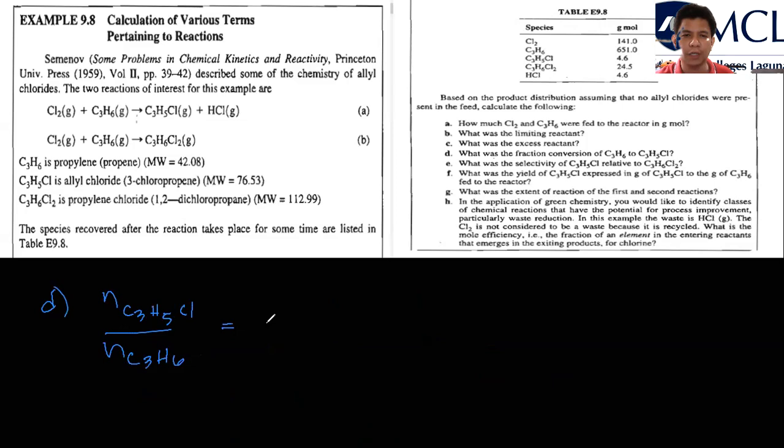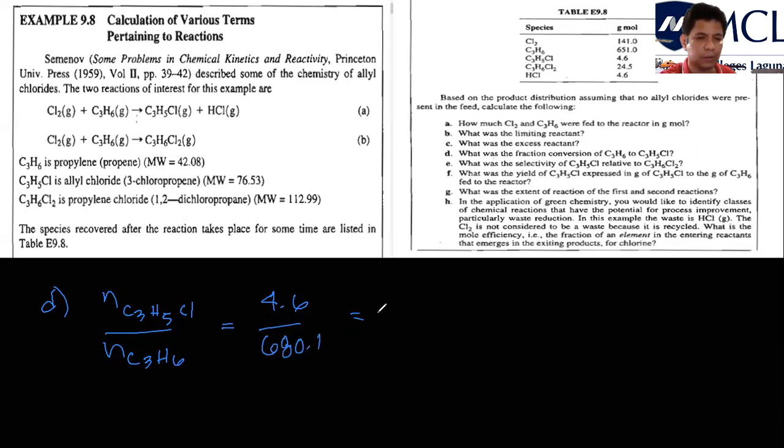From the table, C3H5Cl is 4.6. And if you still remember, the initial value of C3H6 is 680.1.